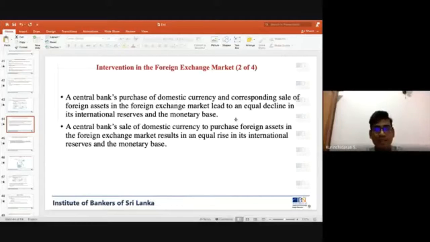A central bank's sale of domestic currency to purchase foreign assets results in an equal rise in international reserves and the monetary base. So it can be a purchase or a sale, and that will affect your foreign assets and your monetary base, the money supply. So this is the intervention. Why does this intervention happen? Because if the central bank wants to manage its foreign exchange rate, it has to intervene.